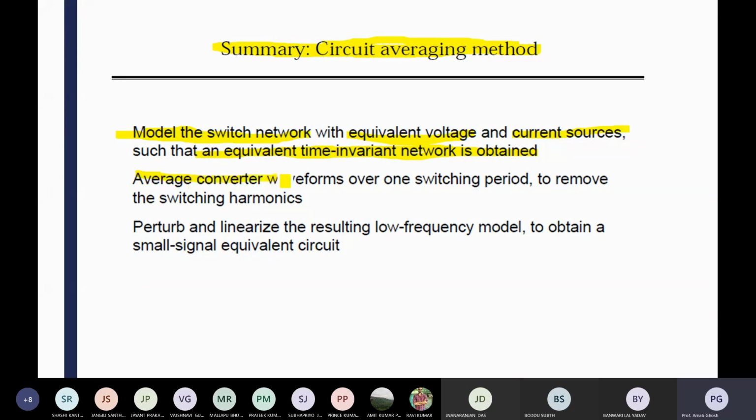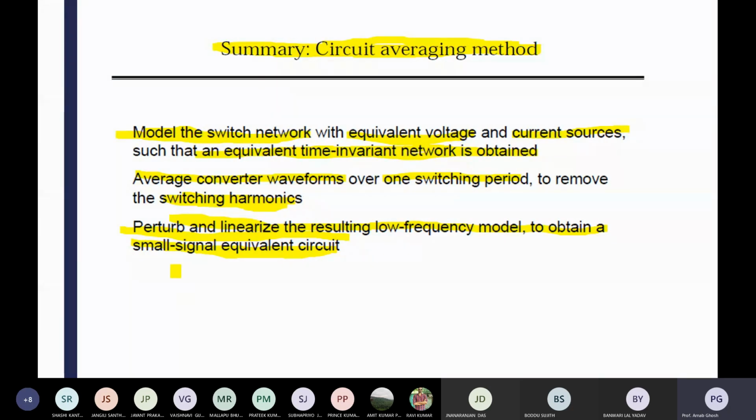Average the converter waveforms over one switching period to remove the switching harmonics. Then perturb and linearize the resulting low frequency model and obtain the small signal equivalent circuit. So that is your motivation. Finally your goal is to calculate the small signal equivalent circuit.